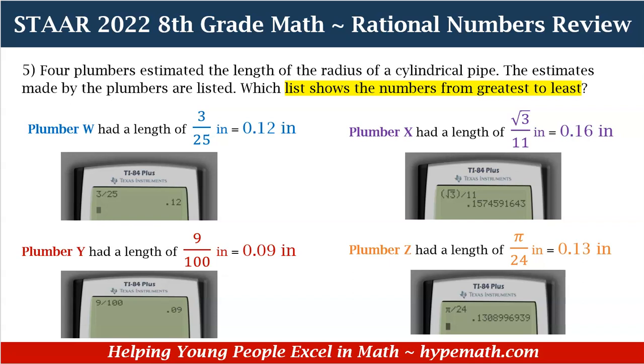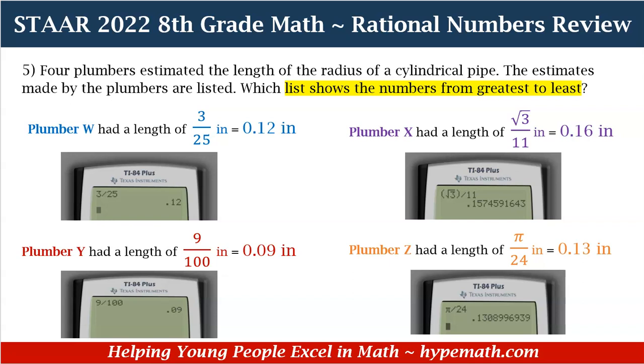Now, Plumber Y had a length of 9 over 100. When I press that in the calculator, we see that in decimal form, that is 0.09 inches. And for Plumber Z, we put in pi over 24, and that is converted to 0.13 inches, okay?